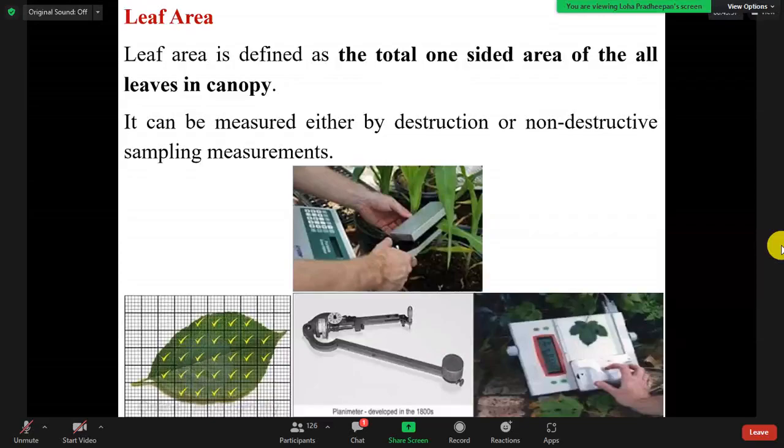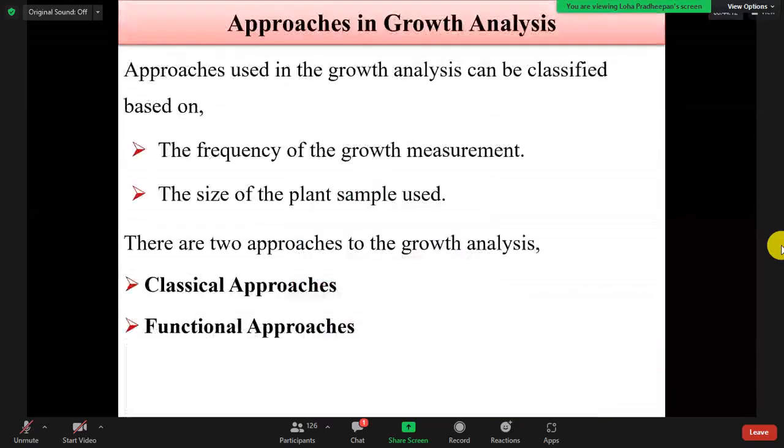This is also one of the important parameters we are using in plant growth analysis, mainly these two basic parameters, dry weight and leaf area, can be utilized. Then we can see two approaches in plant growth analysis.